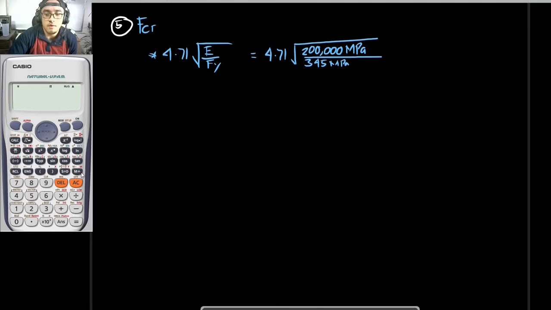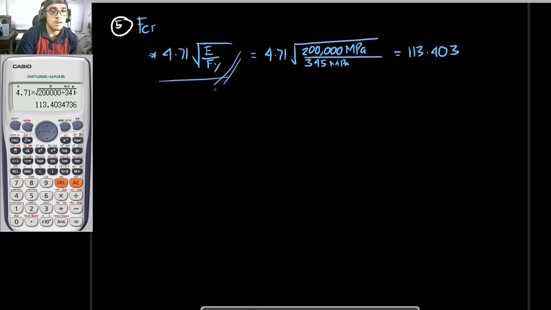Solving for this, 4.71 times the square root of 200,000 divided by 345, that is to be 113.403. So, that is the value of this limiting factor right here.